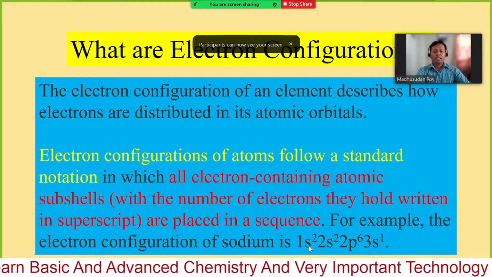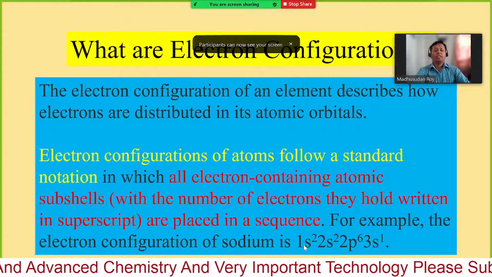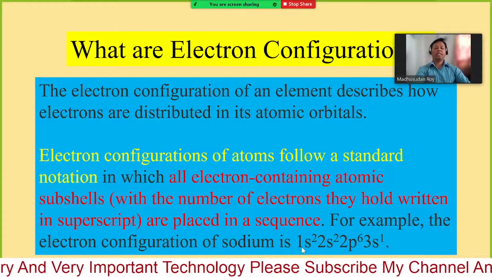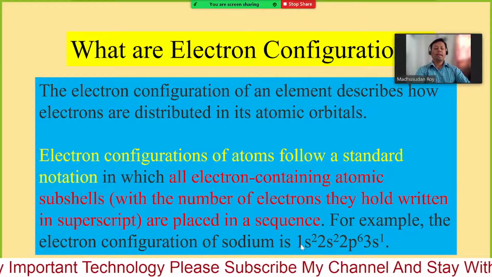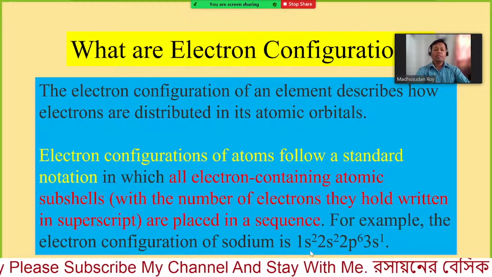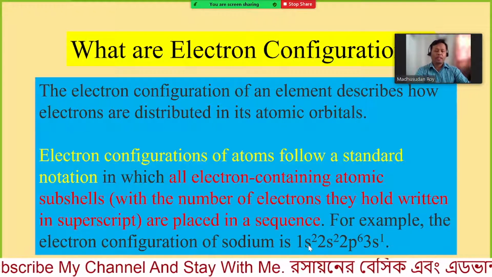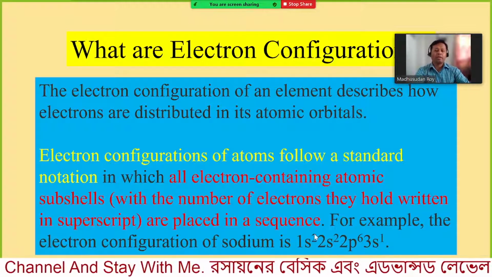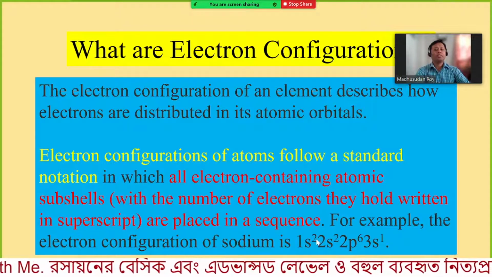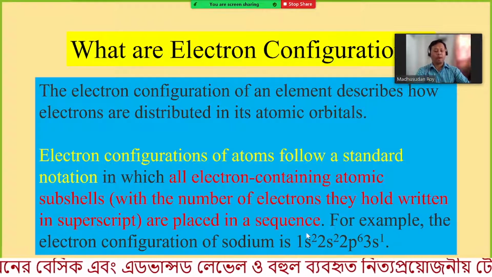So first shell, second shell, third shell, and principal quantum numbers are all the same. So we write this number as a coefficient, and then what the subshell is and how many electrons are present in the subshell is written as the superscript, as the power.